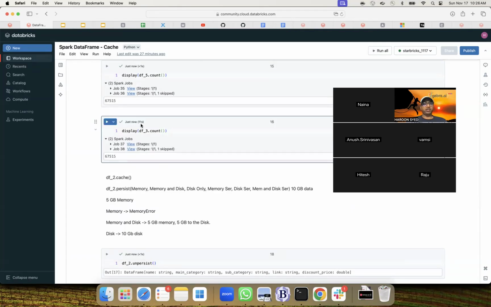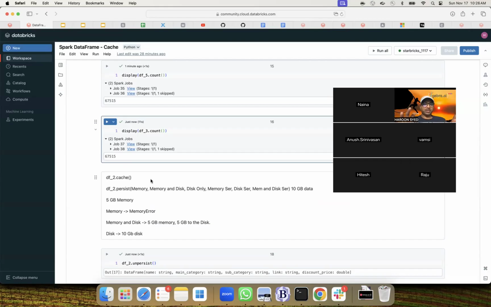Same story, 11 seconds, 11 seconds, 12 seconds, whatever it is. Got it? So this is how you have to see it: if, based on your transformations, you are reusing the same data frame again and again, you can choose to cache that data set.